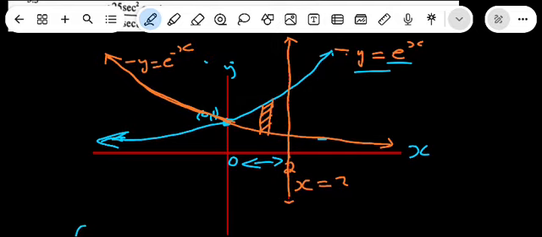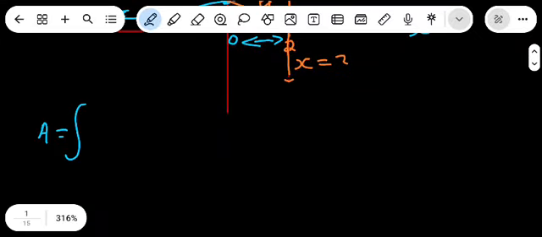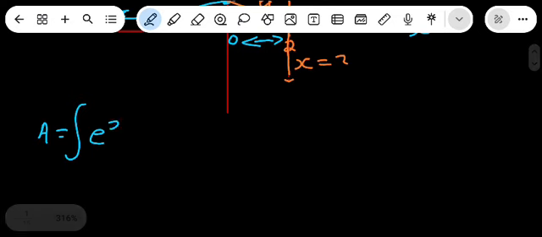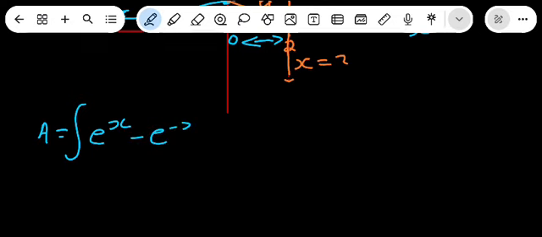The lower one is e raised to the power of minus x. So we'll take the integral of e raised to the power of x minus e to the negative x, all of this dx, from the lower limit 0 to 2.